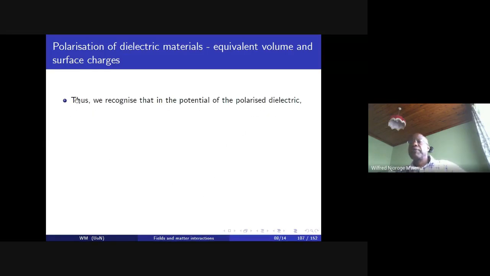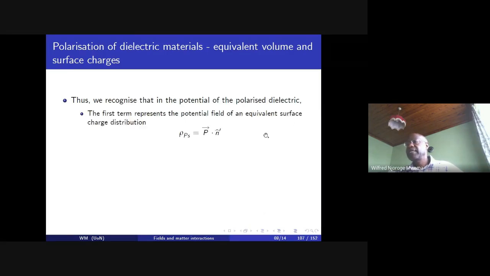Therefore, we can recognize from the expression for the potential due to the polarized dielectric that the first term represents the potential field of an equivalent surface charge distribution rho ps equal to P, the polarization, dot the unit vector on the surface.